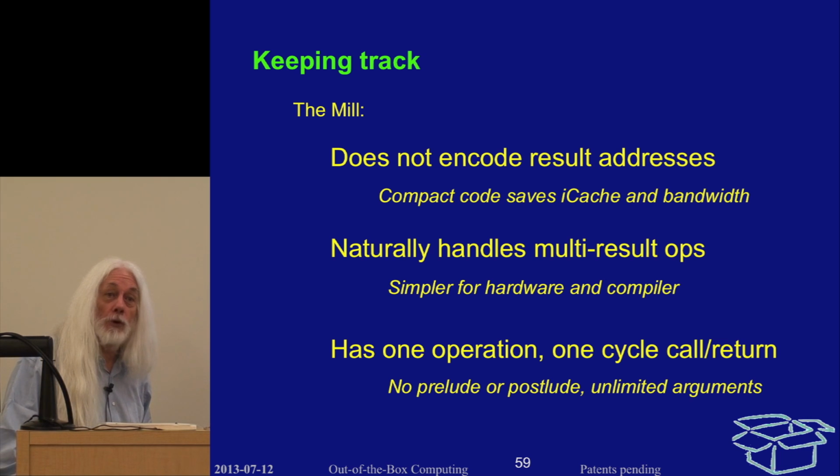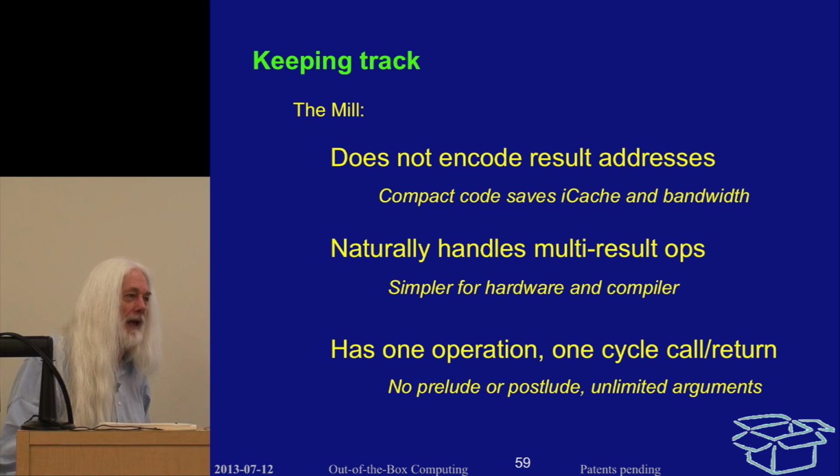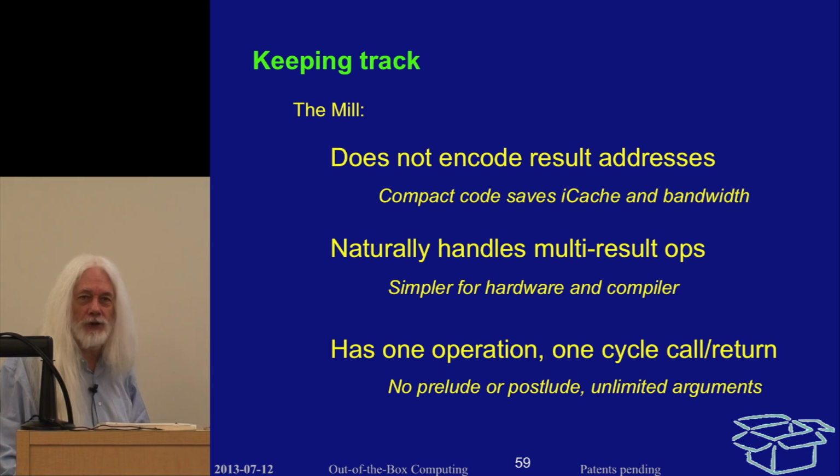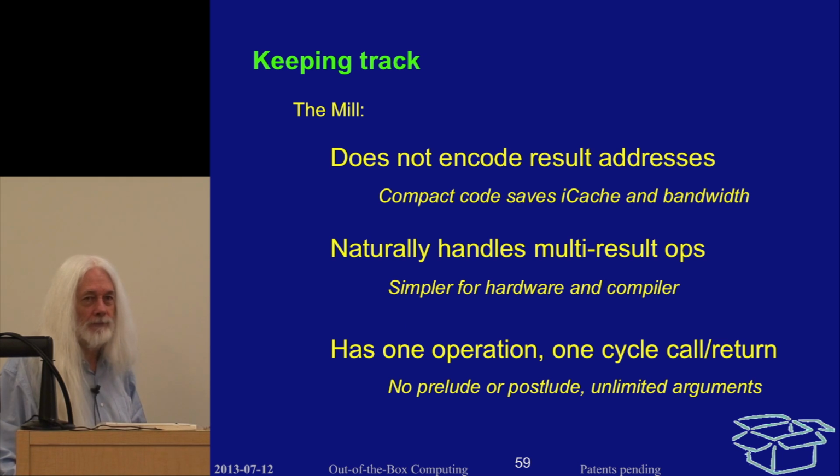And you can have up to a belt full of arguments. If you have more than a belt full, or if you're passing whopping big structs, or you are passing varargs and other such things, those get passed to memory just like everybody does. But the overwhelming bulk of functions can pass their values in the belt. Anything you can pass in the registers, you can pass in the belt.